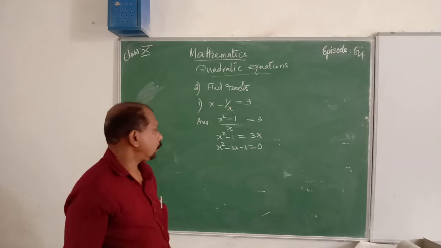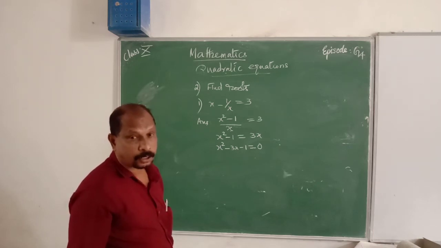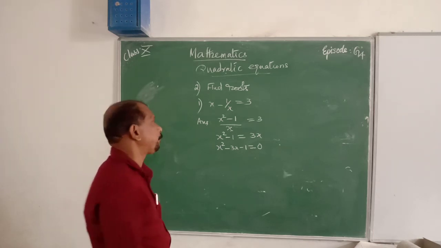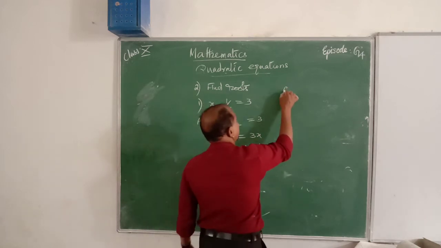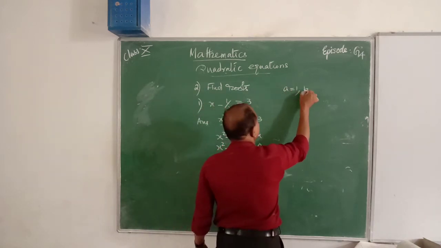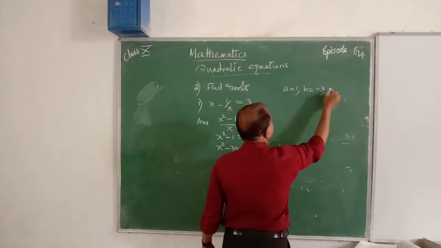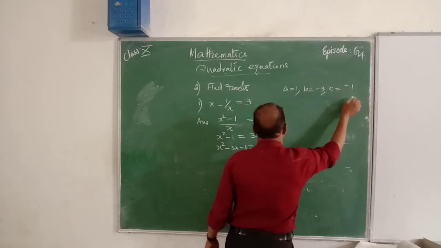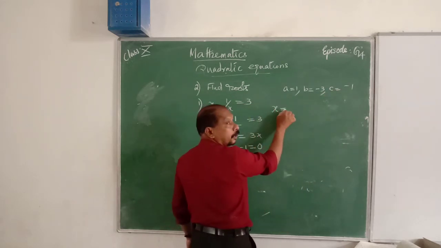Then, using the quadratic formula, a is equal to 1, b is equal to minus 3, c is equal to minus 1. Then x is equal to what?